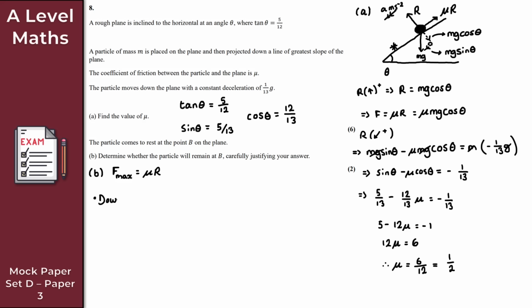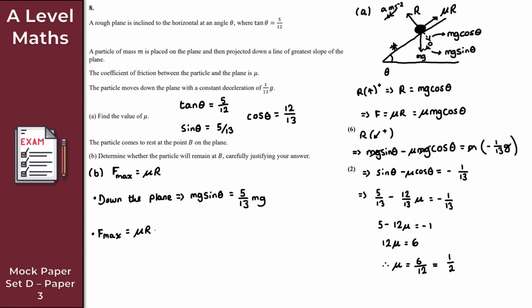So down the plane here, we have mg sine theta. As we said before, it's just this component here, right? So we know sine theta, that's 5 over 13. So what I've got here is 5 over 13 mg, okay, like so. Now, going back to F max here, as we said before, that's mu R, right? So F max here, as we said before, is mu R.